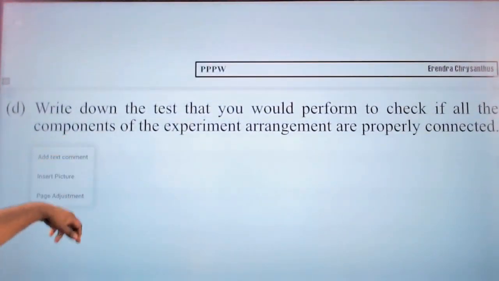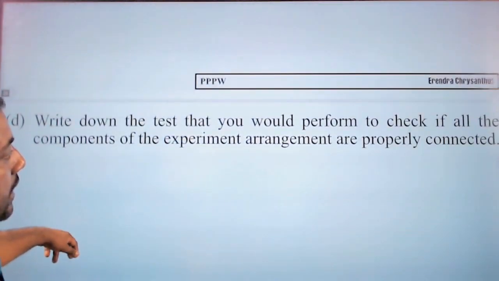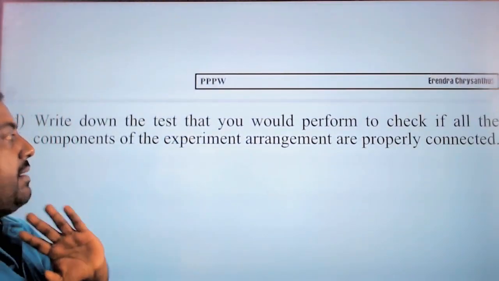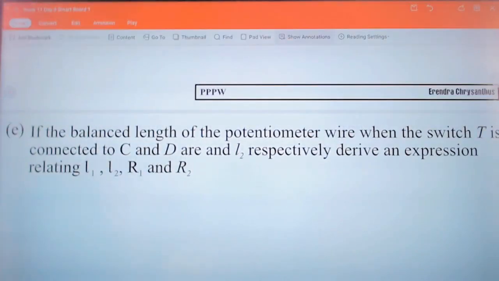Then move the balance key gently along the balance wire.